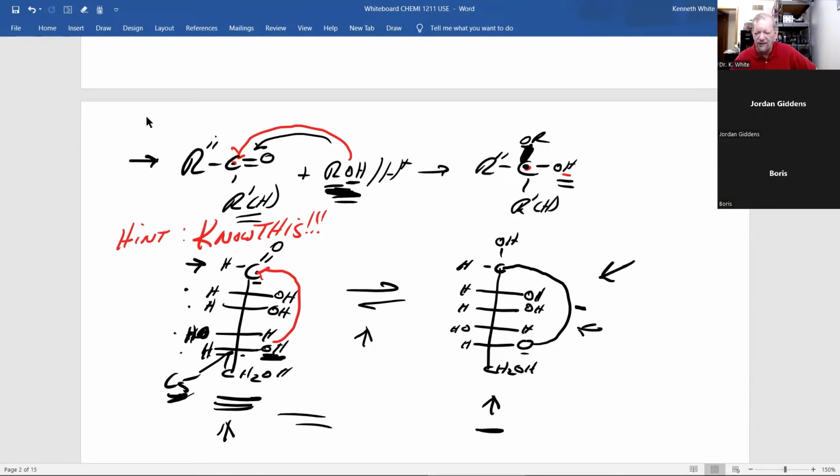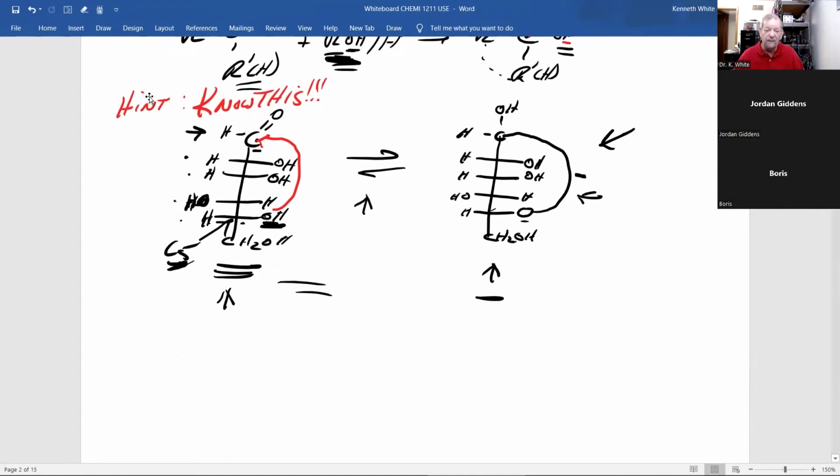Now, just so happens, R and R prime are in the ring, connected together here in the backbone. You should know how to do this. Go back and watch the video again if you need to. And I'm going to do this again tomorrow because it's so important. Now, this is for glucose.